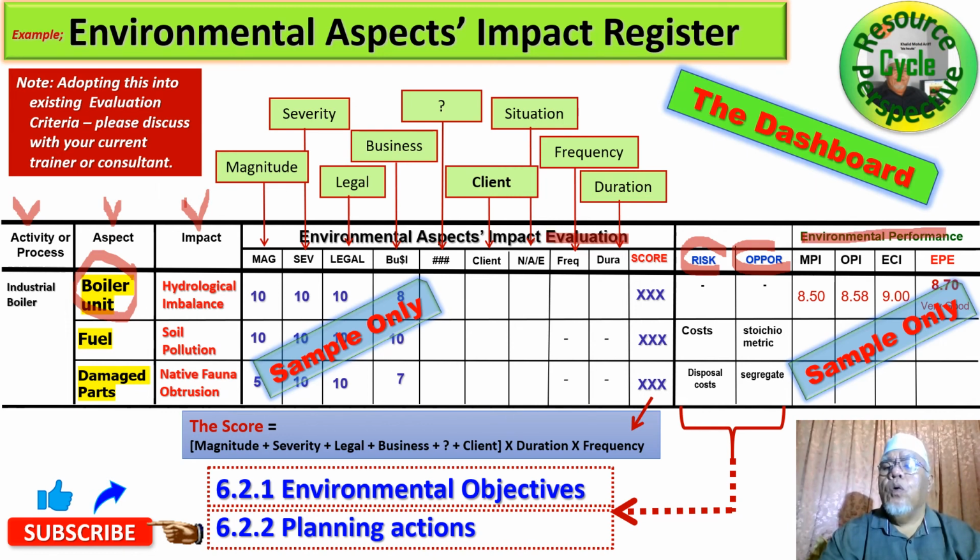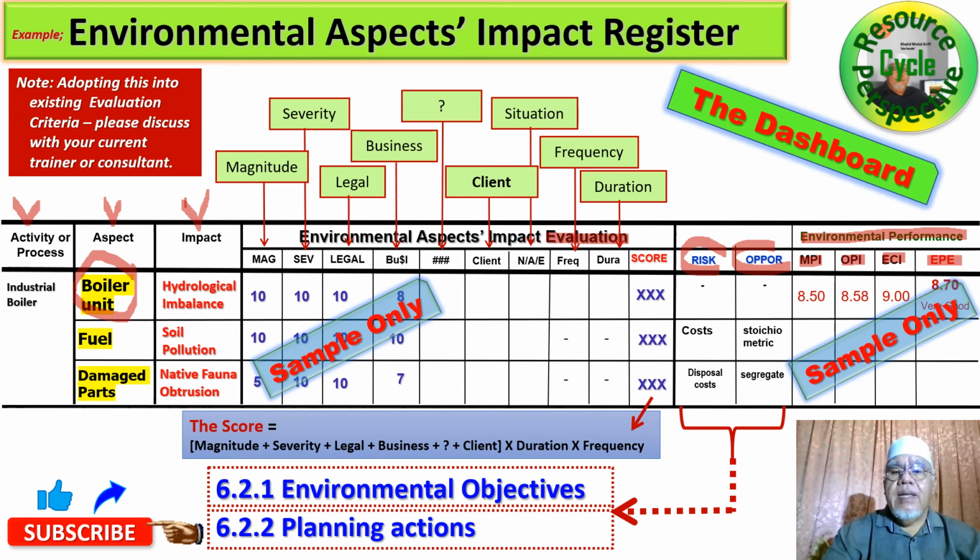In order to conform to the 2015 version of ISO 14001, we have got management performance index, we have got operational performance index, environmental condition index over here, and we have eventually the environmental performance evaluation position score. How have we performed?